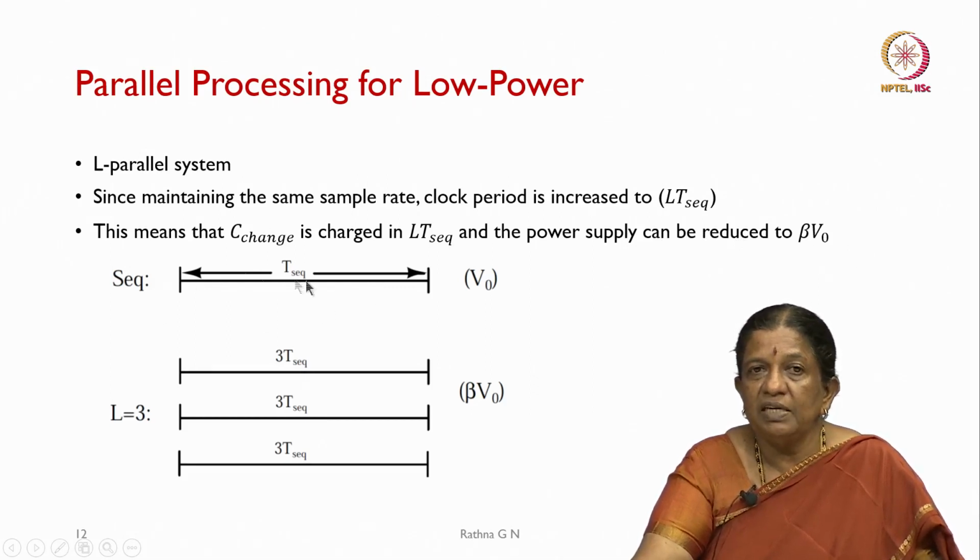In the sequential case, the capacitor is charged with respect to T sequential at V naught voltage, whereas in the parallel, if we assume L is equal to 3, this becomes 3 times T sequential, and the voltage reduction is going to be beta into V naught.